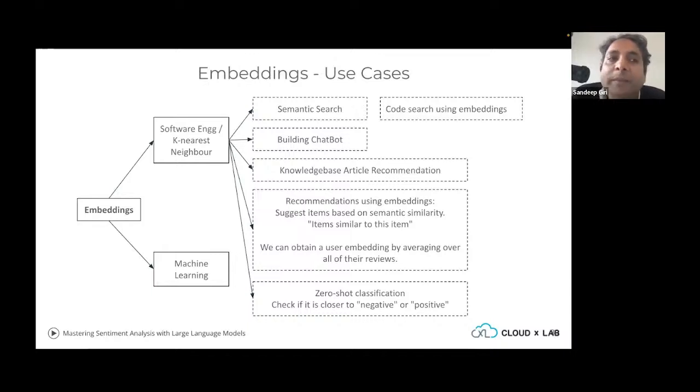Now, since it's going to be a bit slower this way, what people usually do is they use a new kind of database called a vector database for the same thing. It does the same thing cleverly.